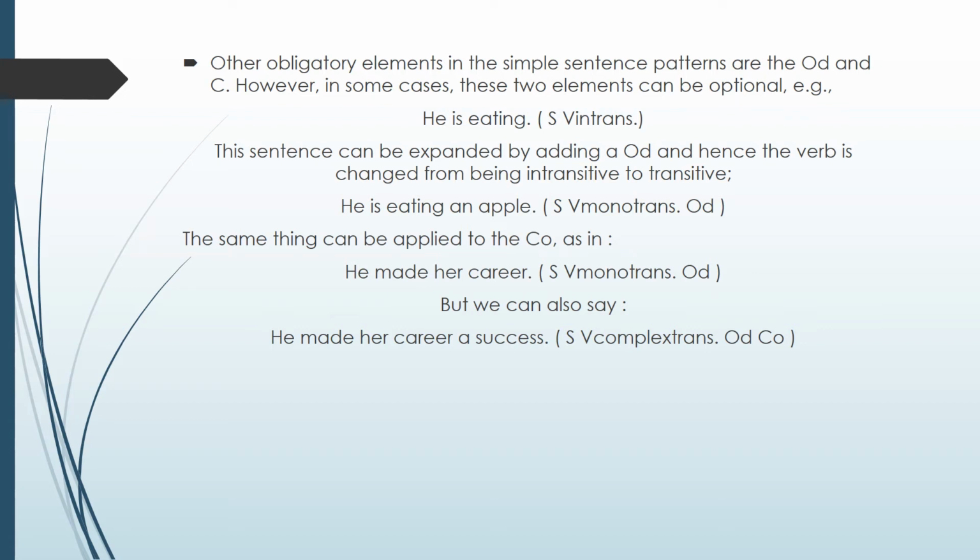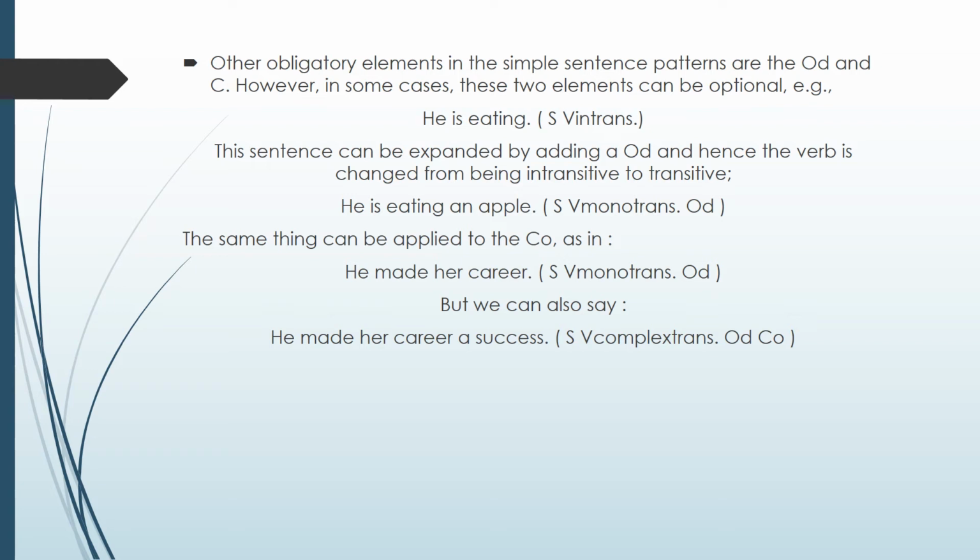But is there a case in which we can also say that the direct object can be optional and obligatory? Yes, if we are dealing with verbs that can change their behavior in English or in language in general. For example, verbs that can behave as transitive and intransitive at the same time.